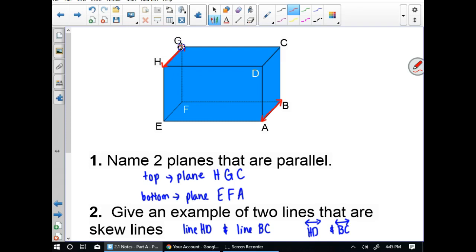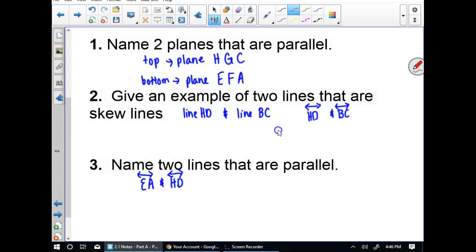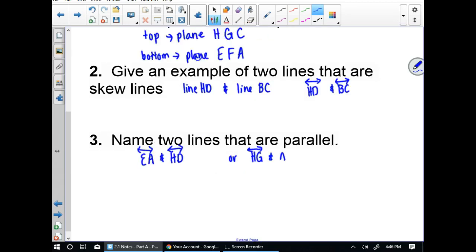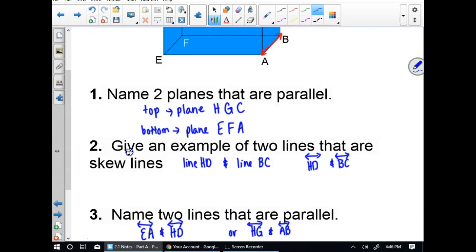But if you think, we could draw a plane that's diagonal, that goes through the rectangular prism in this diagonal manner, and HG and AB would both be on that plane. So we could say something like line HG and line AB. There are lots of other examples there in that figure, but this just names a couple of those.